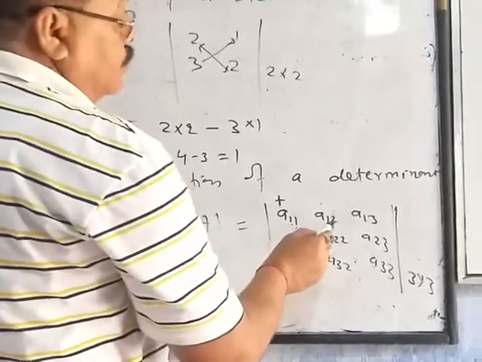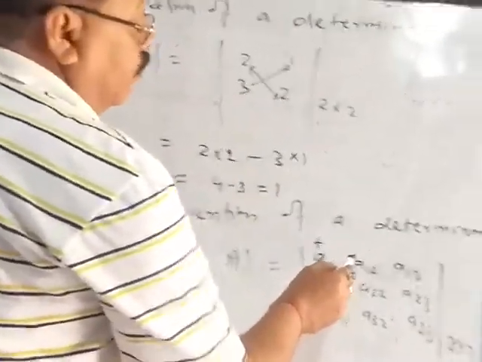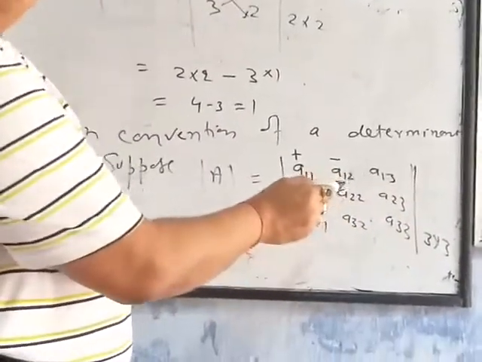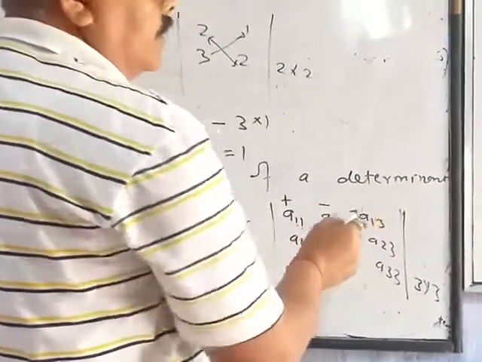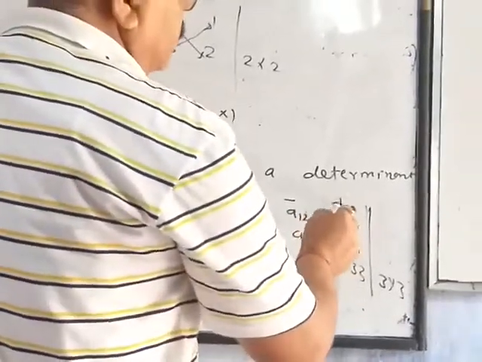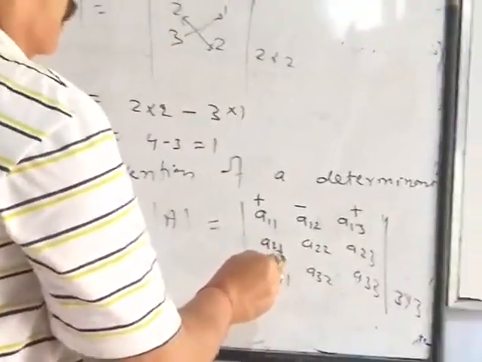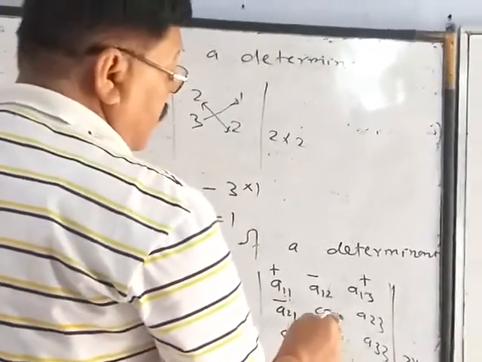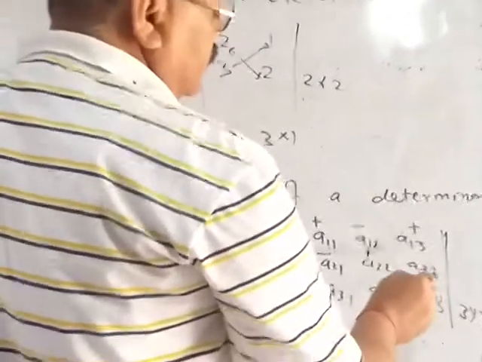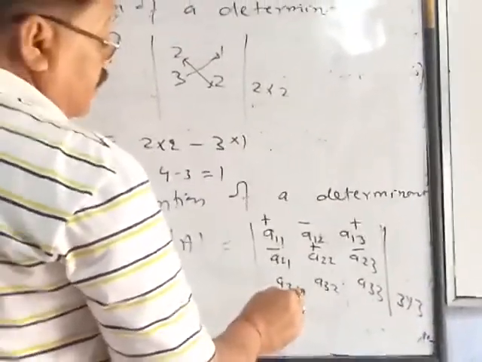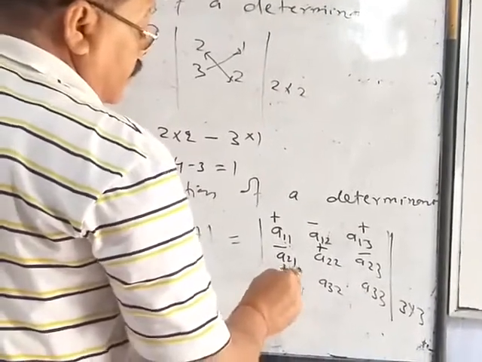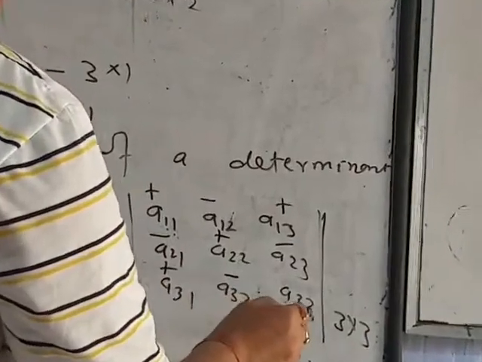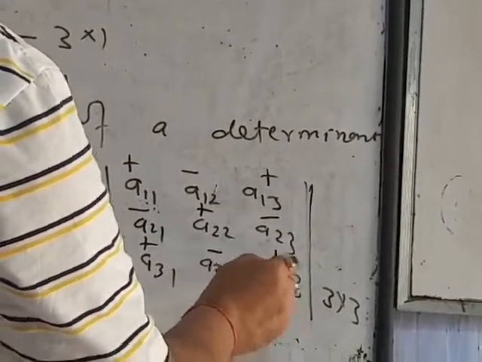Here 1 plus 2 is 3, odd, so the sign is negative. Here 1 plus 3 is 4, even, so the sign is positive. Here 2 plus 1 is 3, odd, so minus. Here 2 plus 2 is 4, even, so plus. Here 2 plus 3 is odd, so minus. Here 3 plus 1 is 4, even, so plus. 3 plus 2 is 5, odd, so minus. 3 plus 3 is 6, even, so plus.